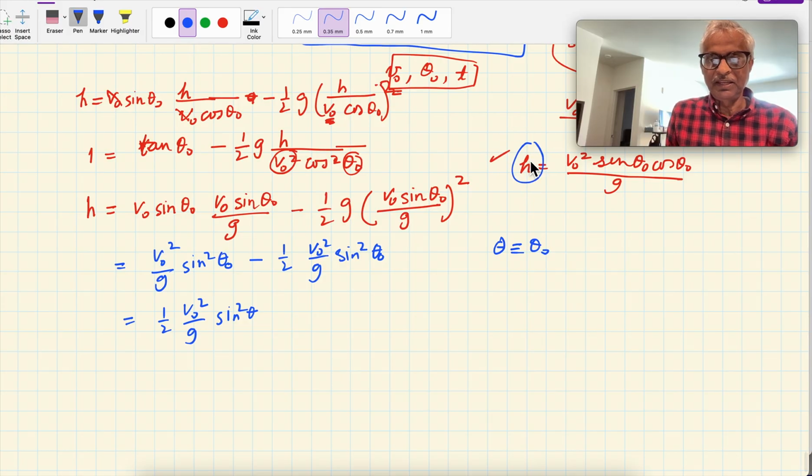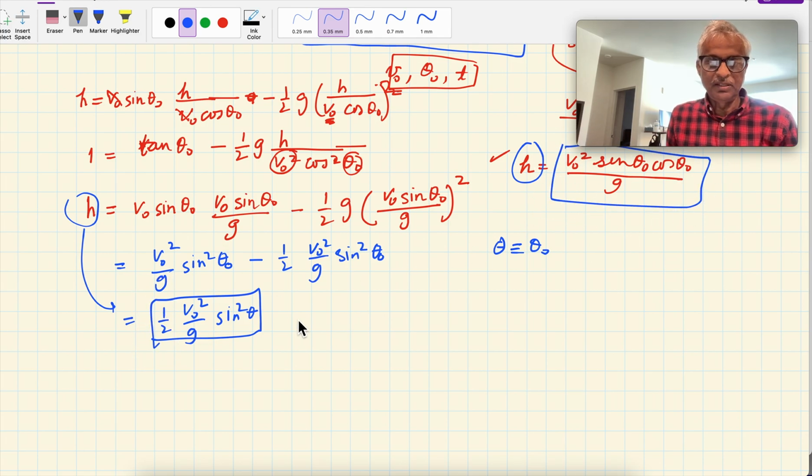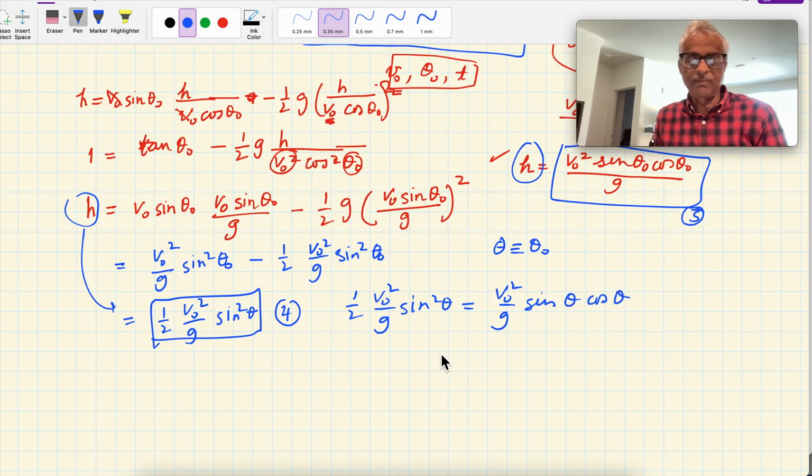So you have an expression for h here, another expression for h here. Equating these, let's call this 4 and this 5: half v0 squared over g sine squared theta and v0 squared over g sine theta cosine theta.